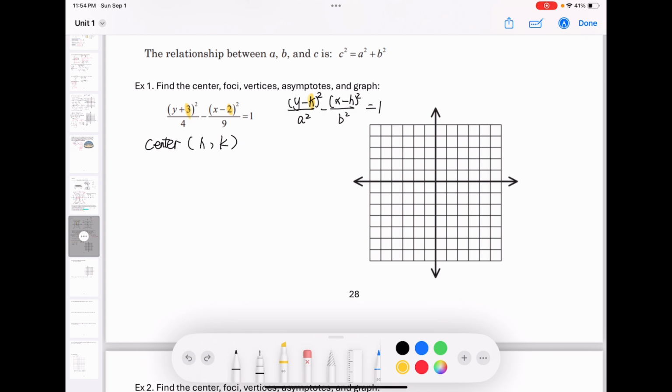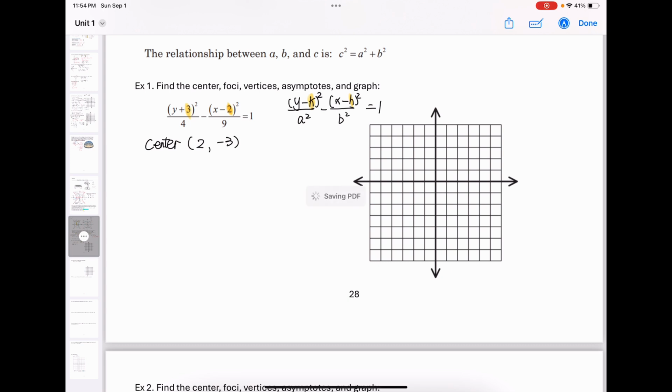That means my k is negative 3, and h is positive 2. So let's rewrite my h and k: h is 2, k is negative 3. Next, I want to see whether my graph opens up and down, or to the left or to the right.